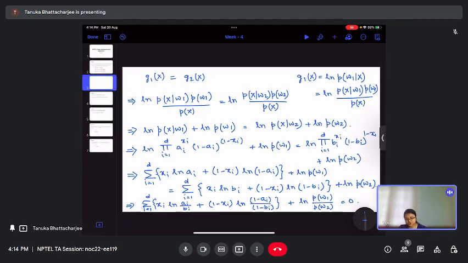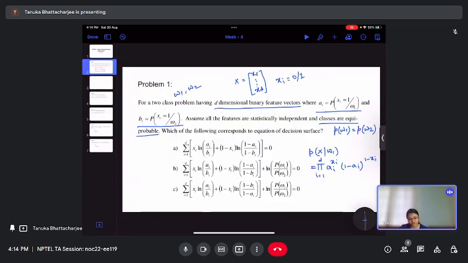So if we match with our options given here, you see in option B we have summation i equal to 1 to d xi ln of ai by bi plus 1 minus xi ln of 1 minus ai by 1 minus bi plus ln of p omega 1 by p omega 2 equal to 0. So this is the expression that we got. Now here it is again given that the classes are equiprobable. So p omega 1 is equal to p omega 2.